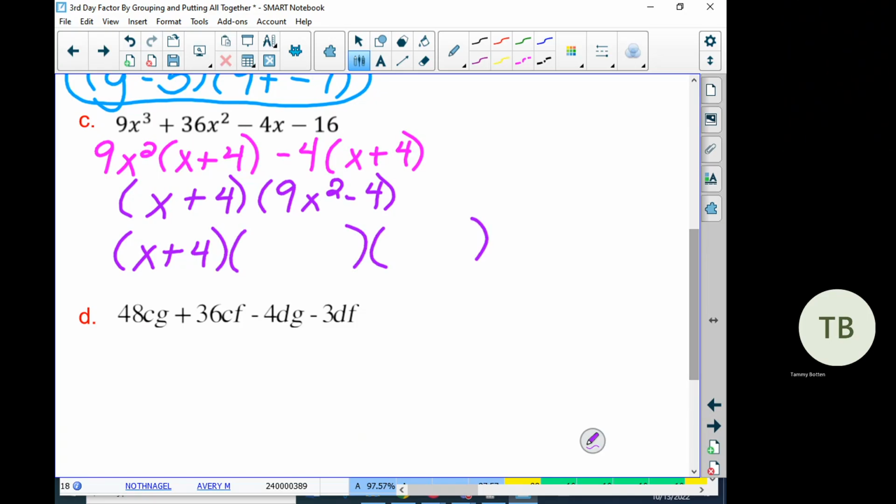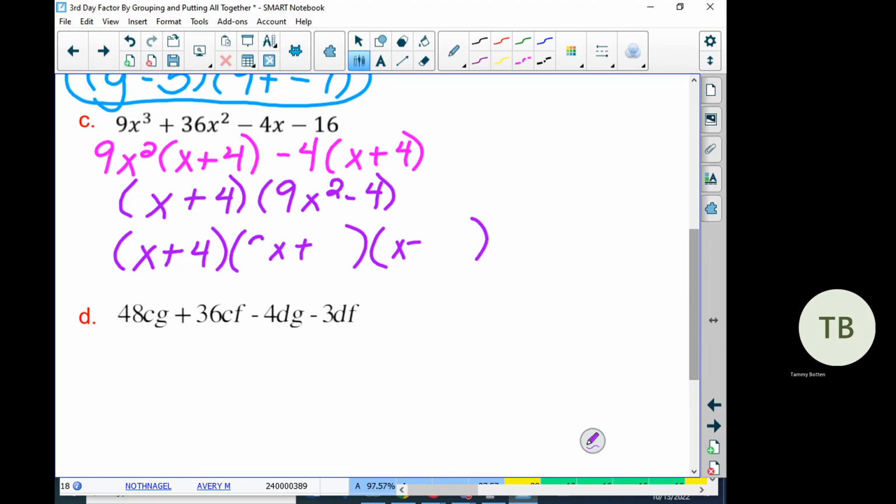Okay, and now we have 9X squared minus 4. So what would I do there? Do you remember this difference of squares? What were the 2 signs? Plus and minus. And then do you remember if this was X squared, we put an X here and an X here. And then we took the square root of 9, and that's what went in front of each of these.